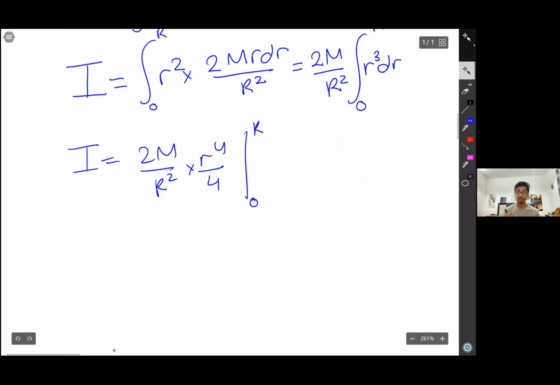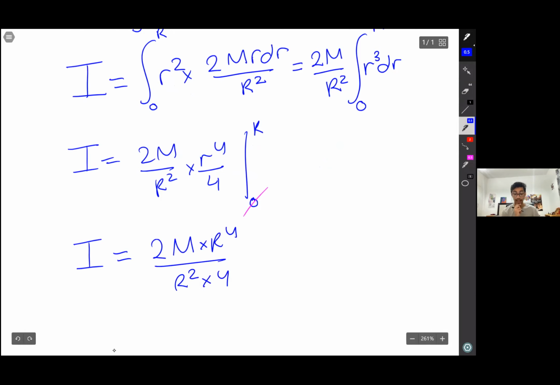Now, let's think about this. When we put 0 into this value, it's a constant times 0. And what's that? That's just 0. So I can essentially just cut that out. Now, what about capital R? Well, that will actually give us a value. If we substitute that in, we get 2m times R to the 4th over R squared times 4. And again, there's some pretty nice canceling out over here.